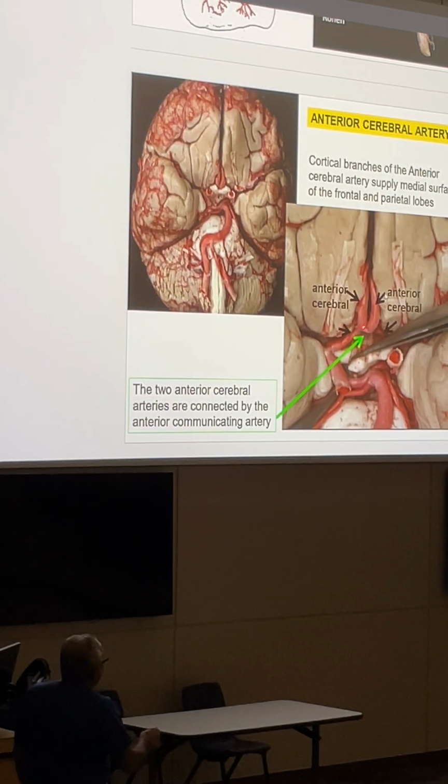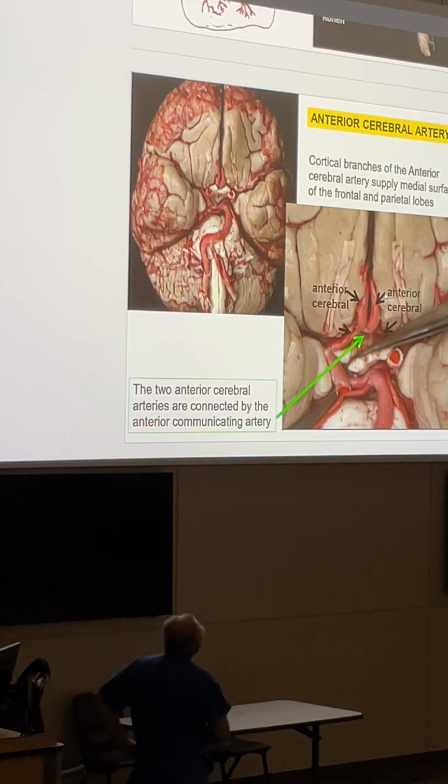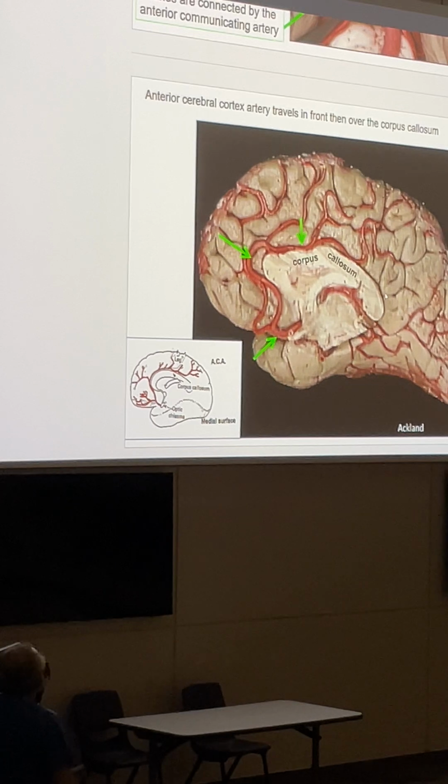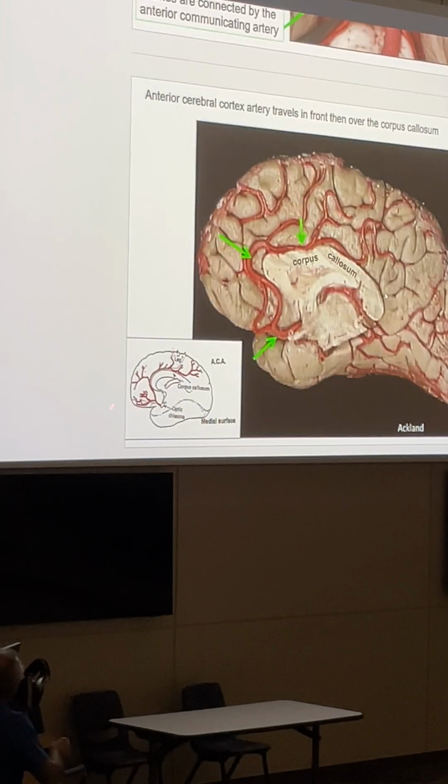The anterior communicating artery connects and runs between the 2 anterior cerebral arteries, right and left. Optic chiasma, right by the anterior cerebral.